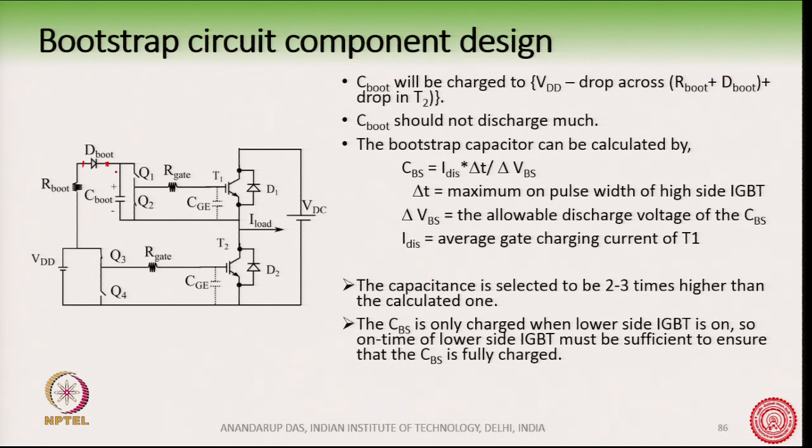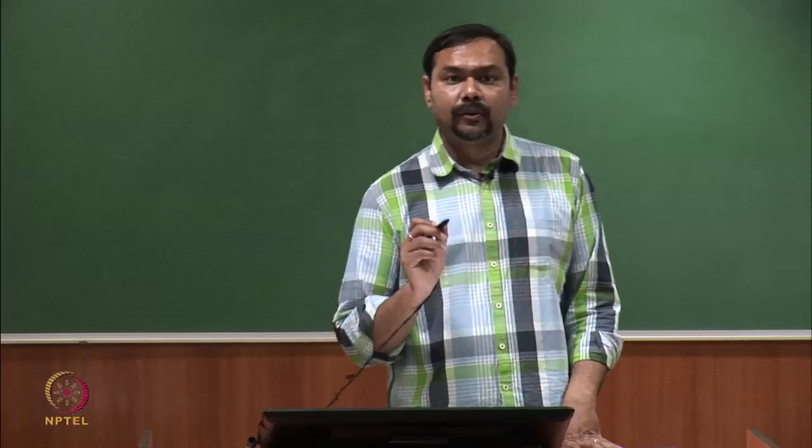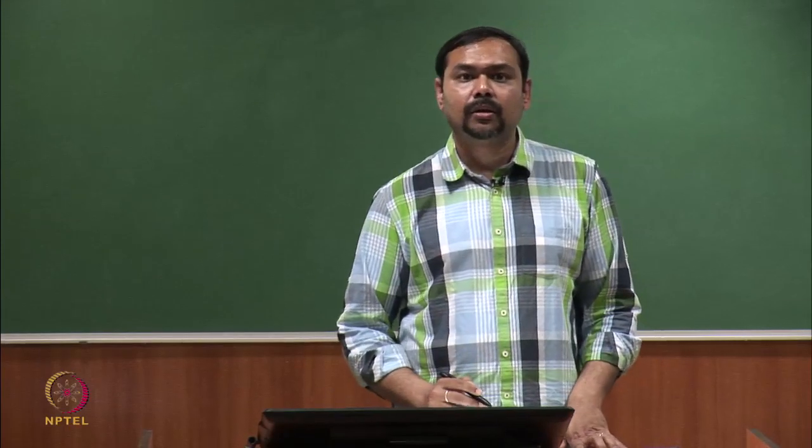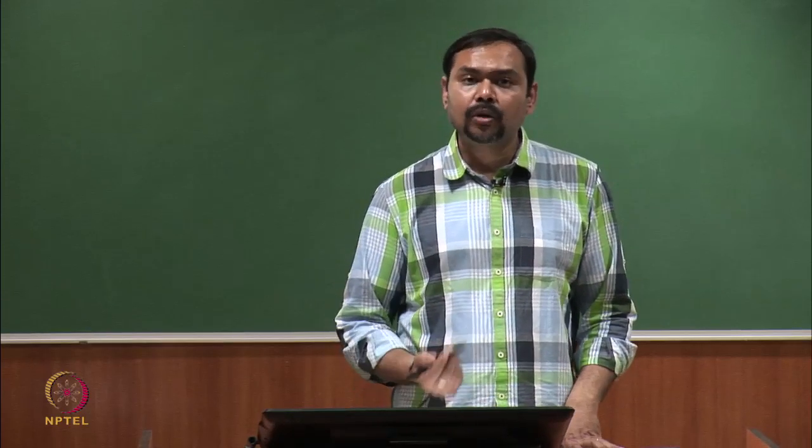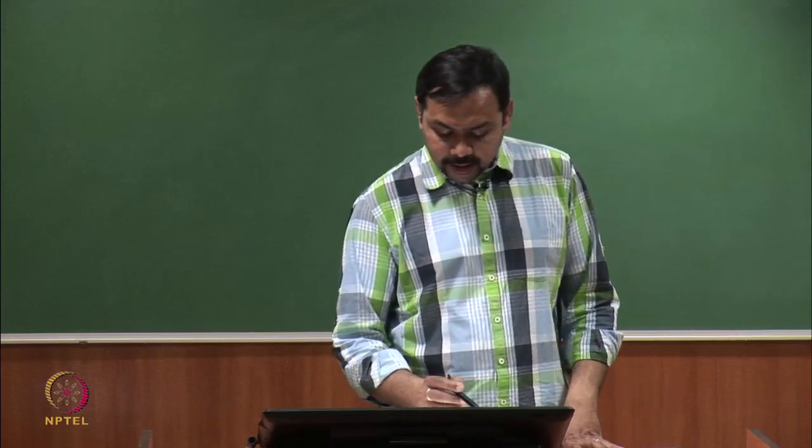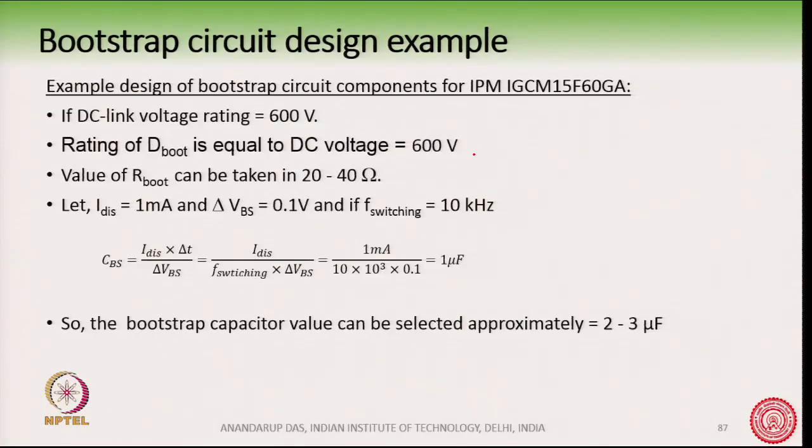So, how much is it blocking? You can see that it is blocking this full DC bus voltage. So, the voltage rating of D boot must be equal to or more than the DC bus voltage, and then R boot you can find out yourself, because we are doing an RC time constant.